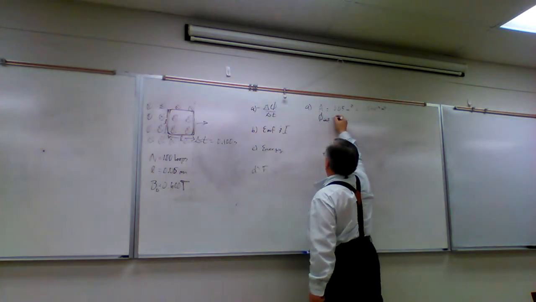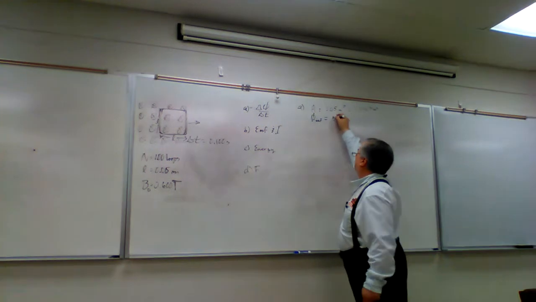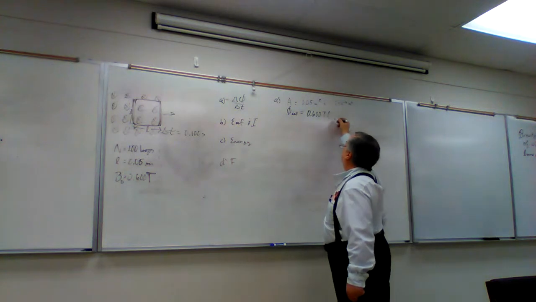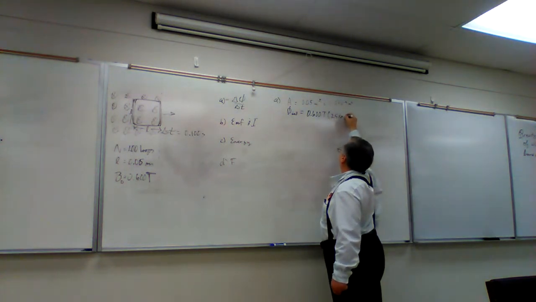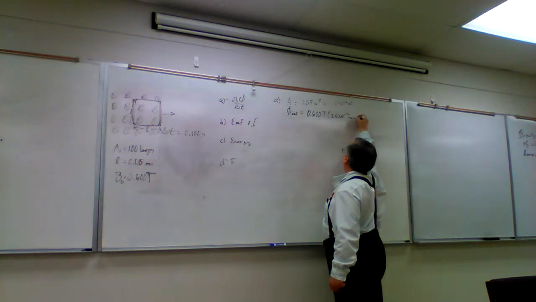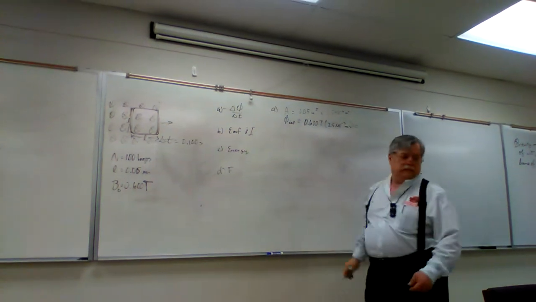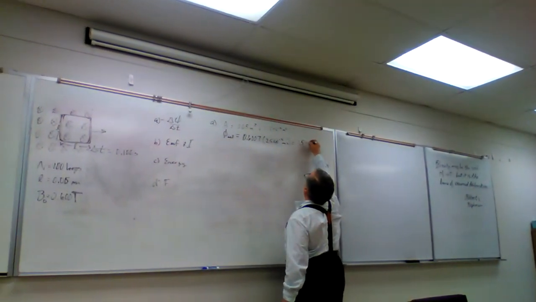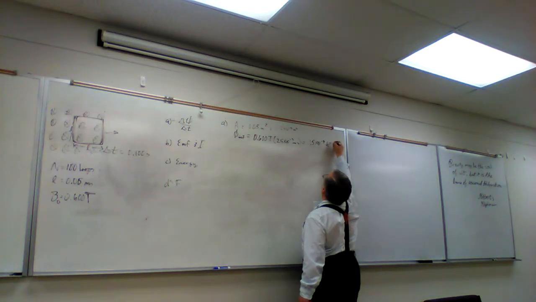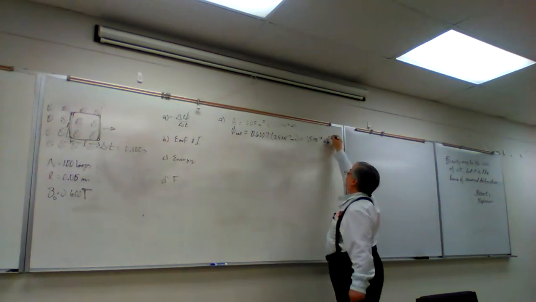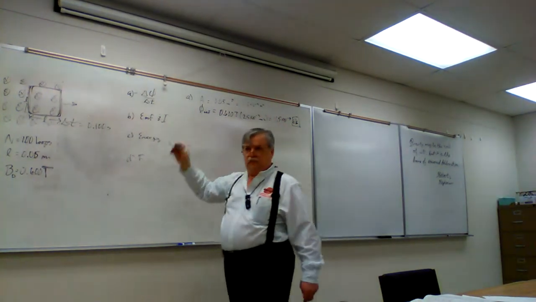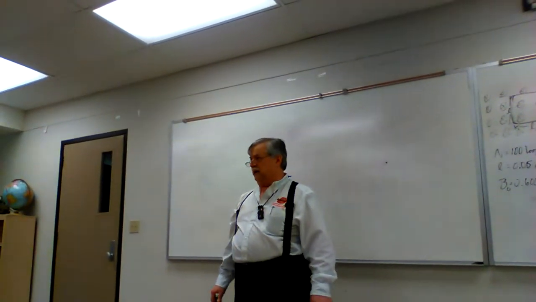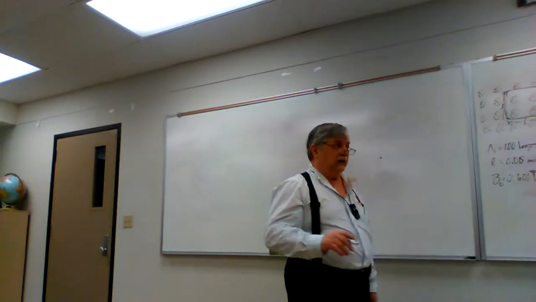The initial phi. When they come up with 1.5 times 10 to the minus 3, what does this stand for? Lowercase w, lowercase b. Unit of magnetic flux, not magnetic field.